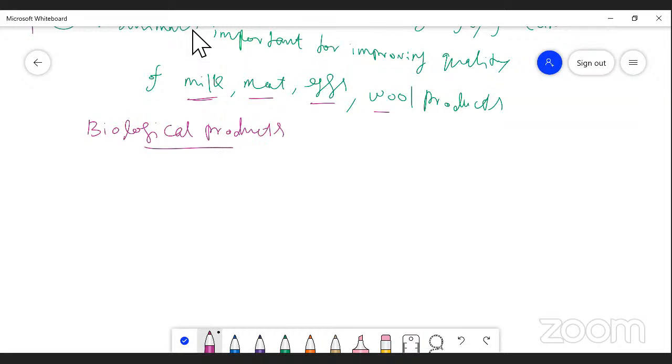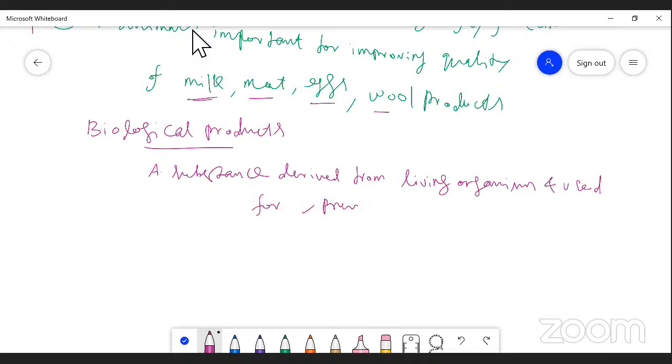A biological product is a substance derived from living organisms, any living organisms, and used either for prevention or treatment of disease.